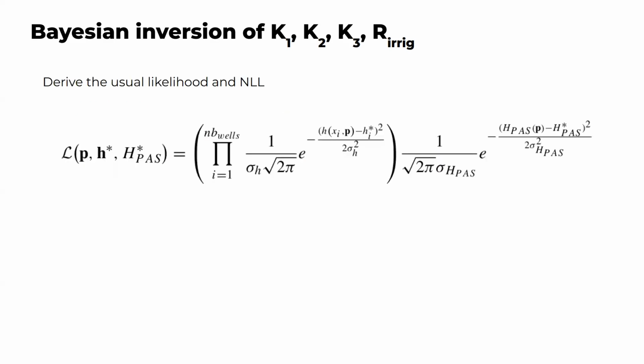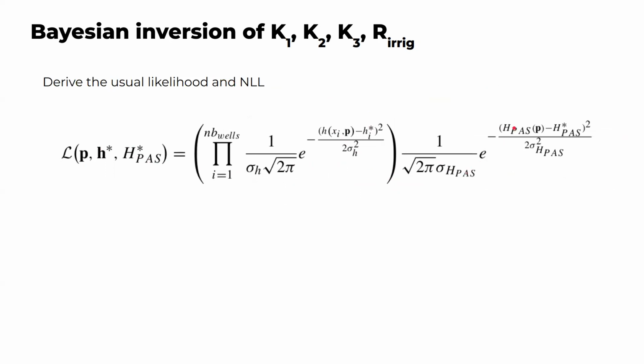So when you write the usual likelihood, there's a typo here. This is the component of the likelihood where you have the wells. This is the part of the likelihood where you have the prediction on the percentage of the flooded area. HPAS is the percentage of head above surface.